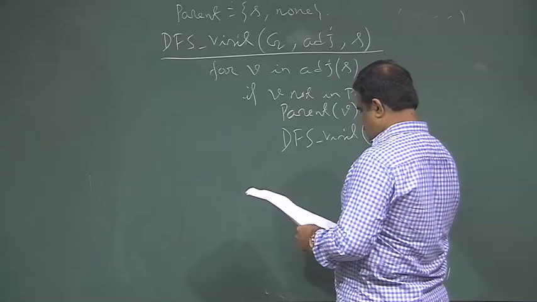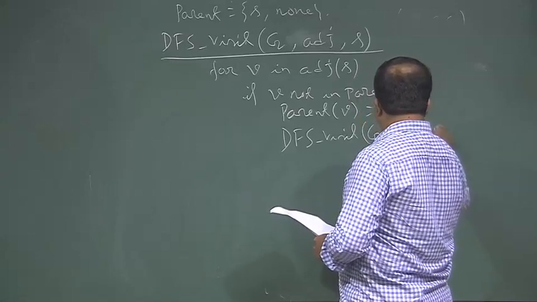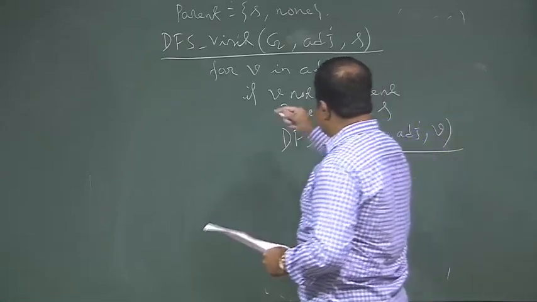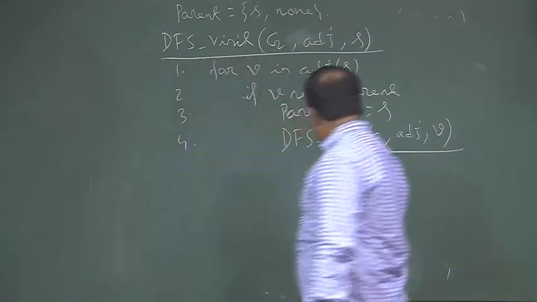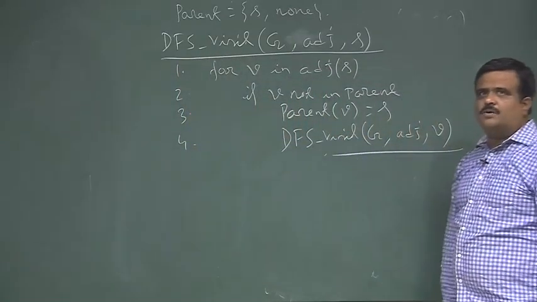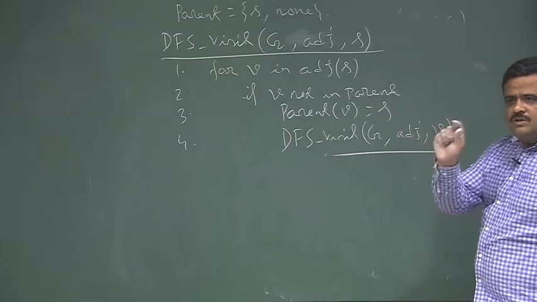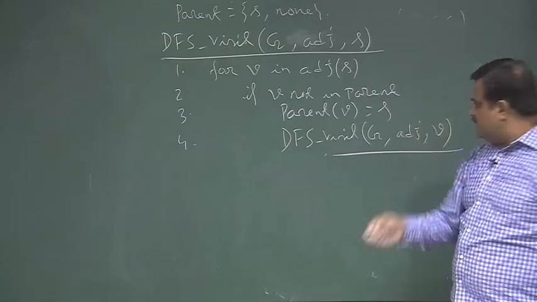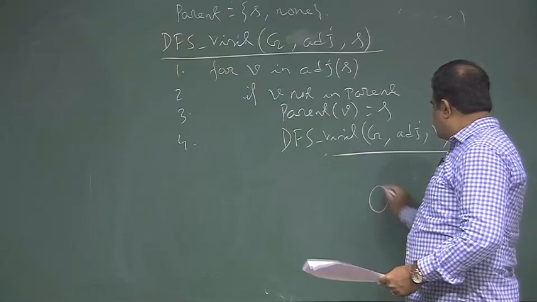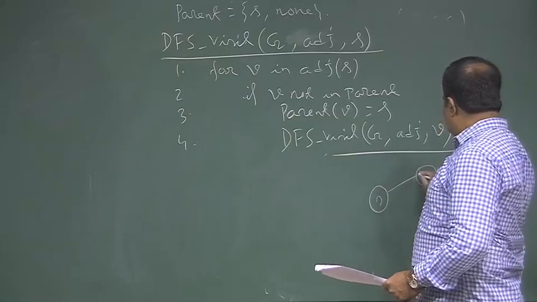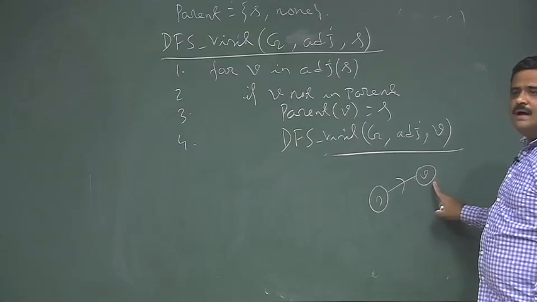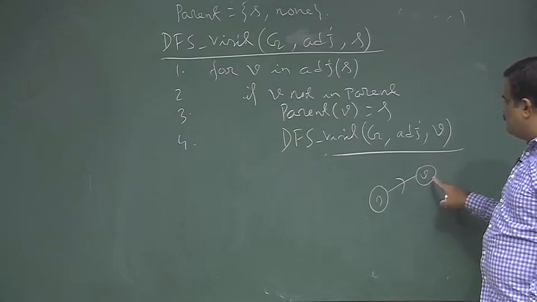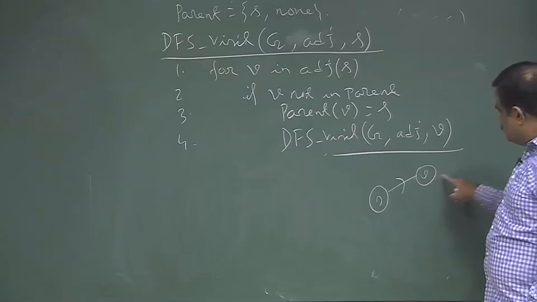So, graph adjacency list and on this V. So, this is a recursive call. Very simple code. When we follow that, we start with S, we go to V, then again we call this BFS visit from V if V is not done, and we keep on doing.